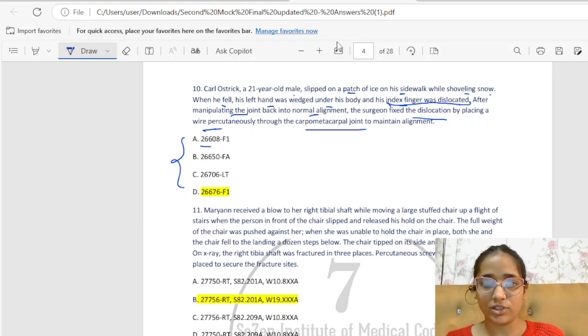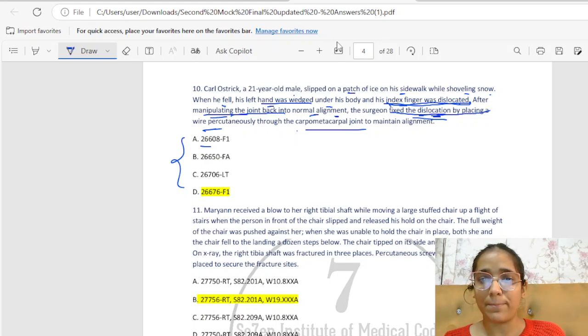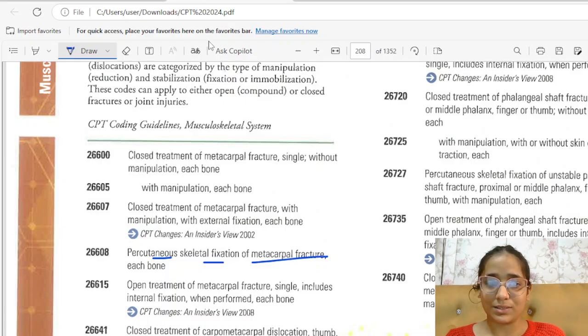Patient has the fracture at the carpometacarpal, and the doctor manipulated the joint back into the normal alignment. And for dislocation, his left hand was wedged under his body and his index finger was dislocated. So after manipulating the joint, the surgeon fixed the dislocation by placing a wire percutaneously into the carpometacarpal joint. And this one is a metacarpal.